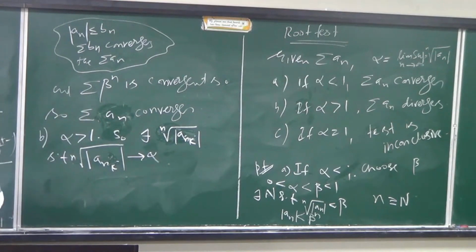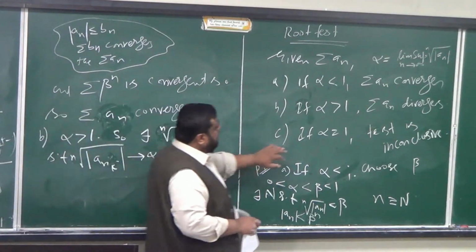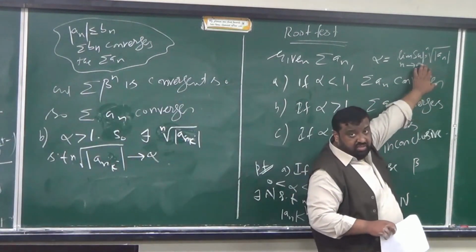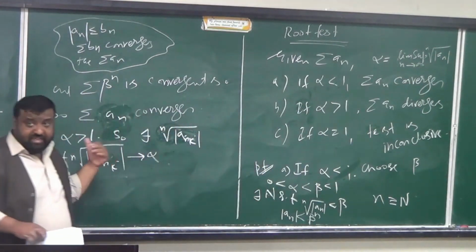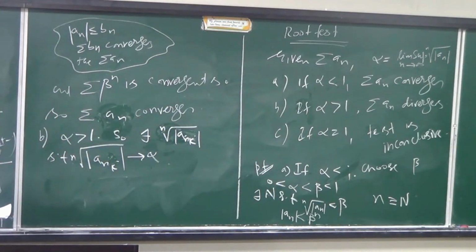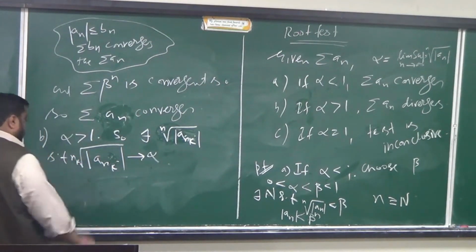Agreed? That's a subsequence of this sequence, and this subsequence converges to alpha by that result actually, because lim sup and lim inf are subsequential limits. Obviously, you're going to have an n_k here.